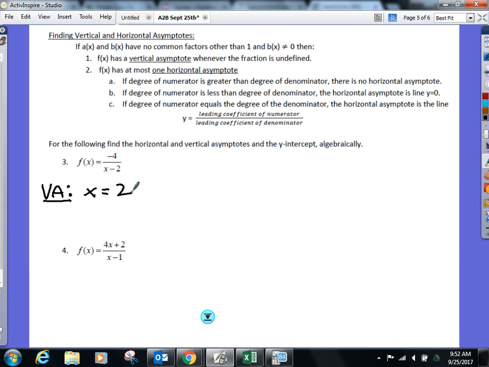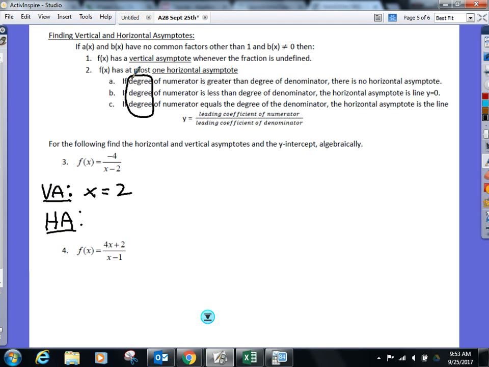You ready for how to find the horizontal one now? Because we don't have a range to look at, so I just can't copy down what the range is looking at. How to find the horizontal asymptote? It depends. Take a look at number 2. First, let me talk about the concept of degree.